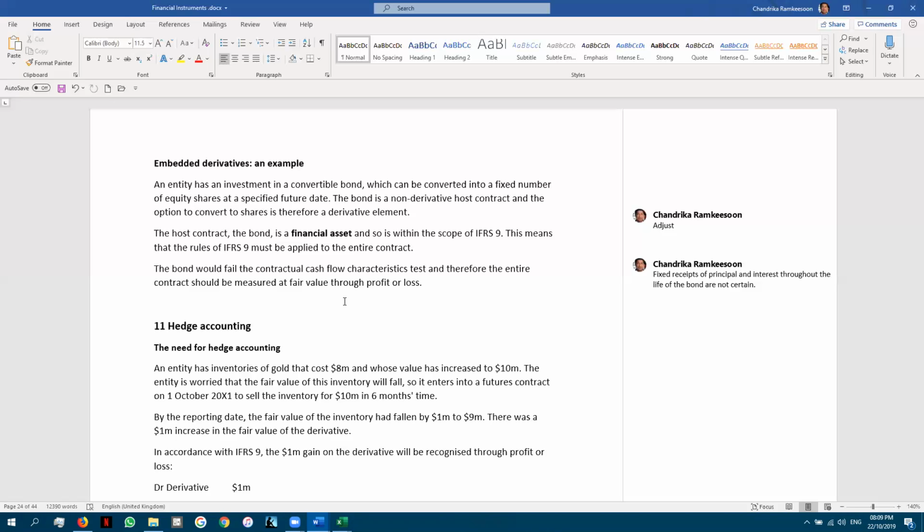One is not literally tied in or embedded to the other. Remember, you saw in that example that the option can be sold separately. So the typical embedded derivative, which literally has the two parts embedded into it, part and parcel, would normally be a convertible bond.